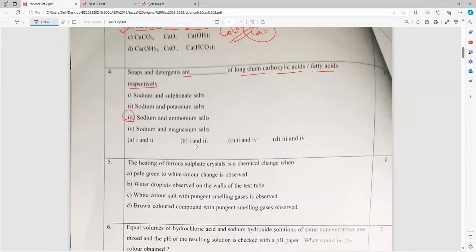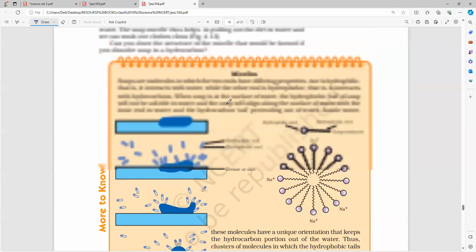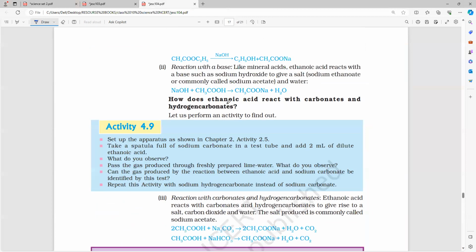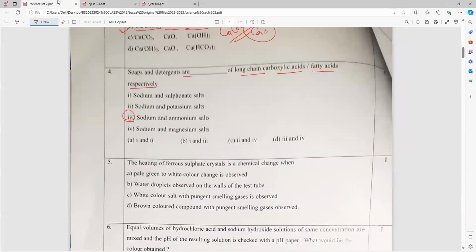Okay. Next, soaps are what, guys? Here you can see, it is already underlined. Soaps are sodium and potassium salts of long chain carboxylic acid. So sodium and potassium, where is that? So 2 and 3. There is no matching option, am I right?